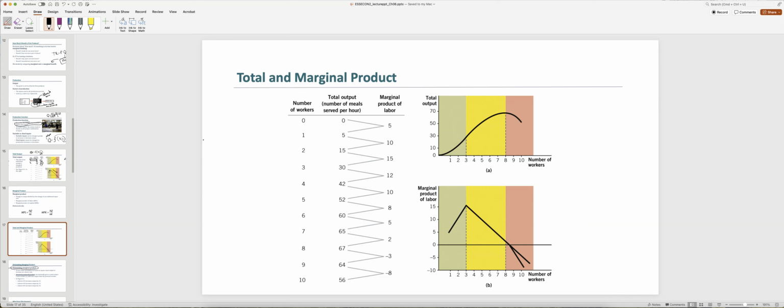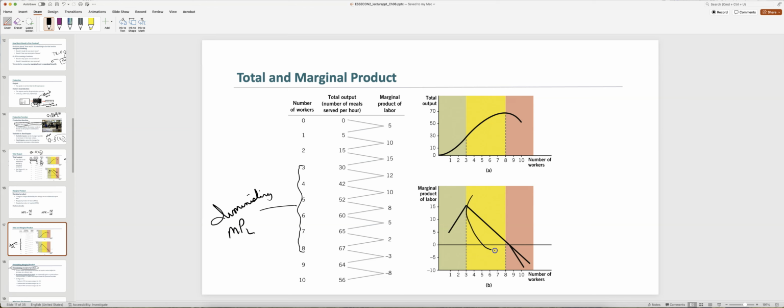Again, we saw that here with the third unit to the 8th unit. That was all diminishing marginal product of labor.